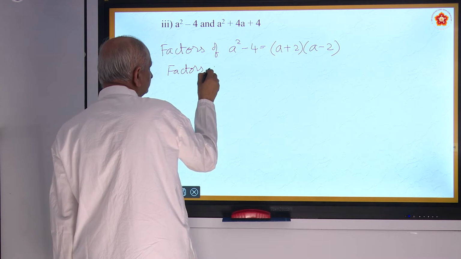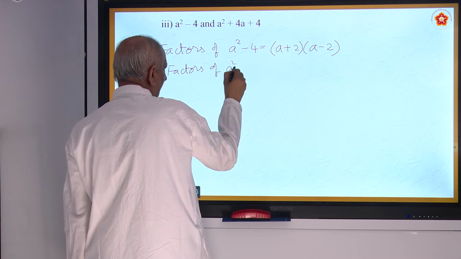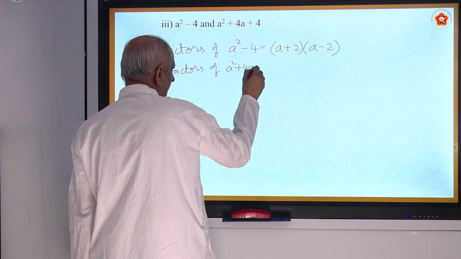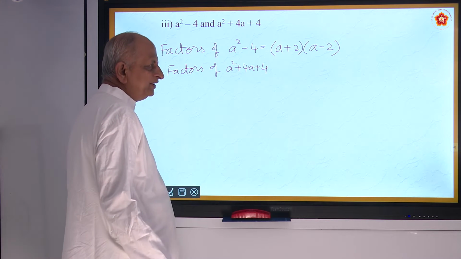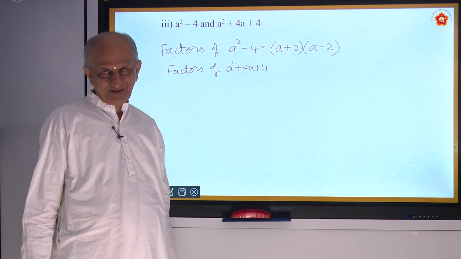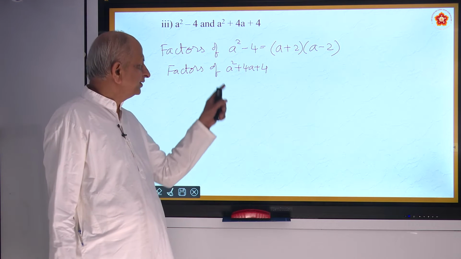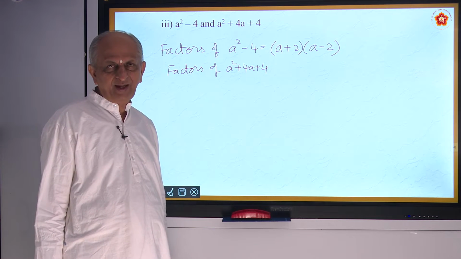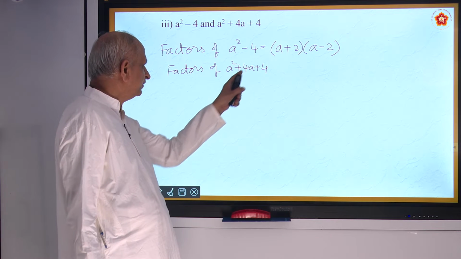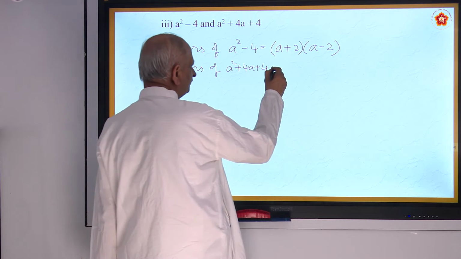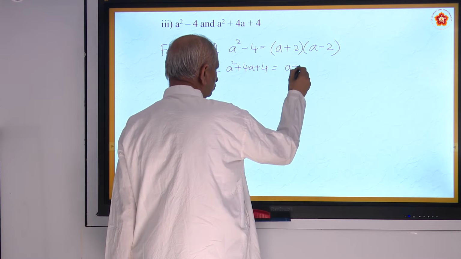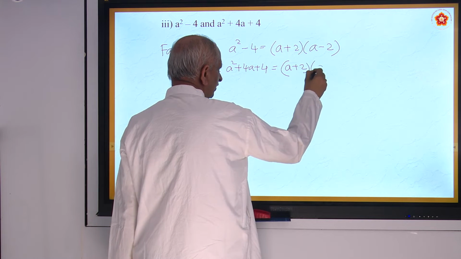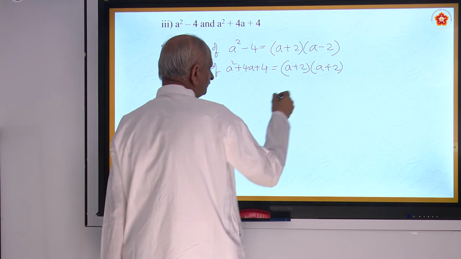Factors of a squared plus 4a plus 4. It is a perfect square trinomial. Why is it a trinomial? There are 3 terms. Why is it a perfect square? Because it is the expansion of (a plus 2) into (a plus 2).